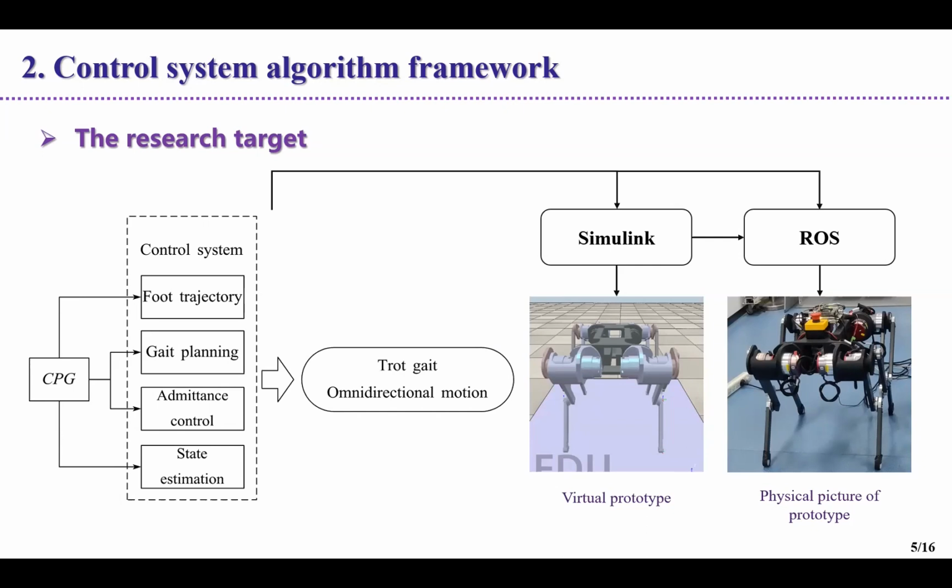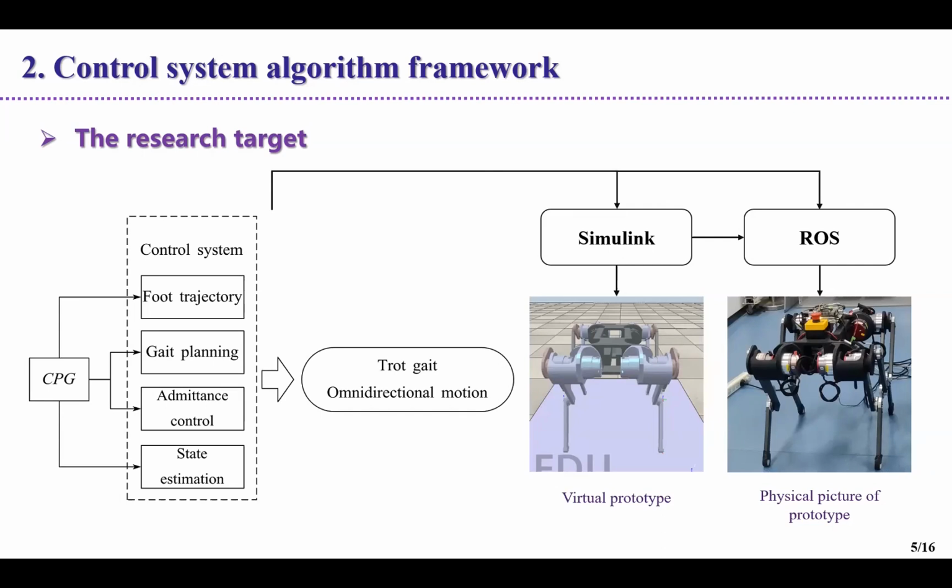Our research mainly focuses on the online motion planning program of electrically driven quadruped robots, with the goal of omnidirectional motion control of quadruped robots with trot gait.